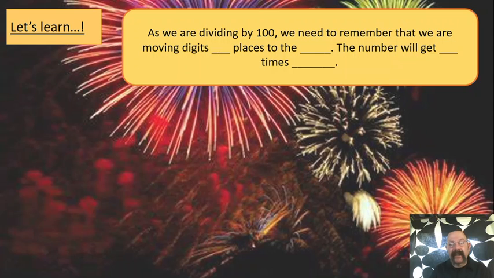As we're dividing by 100, we need to remember that we are moving digits to the right. So I wonder if you could just have a go at filling out those blanks. So have a think about that, and you can say it out aloud.